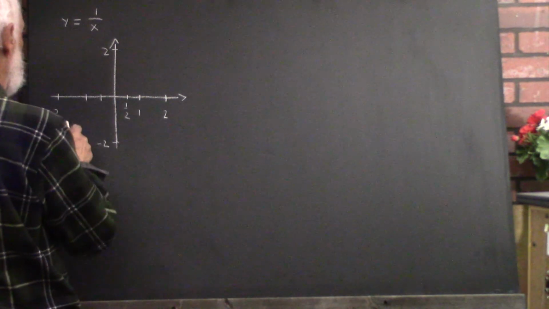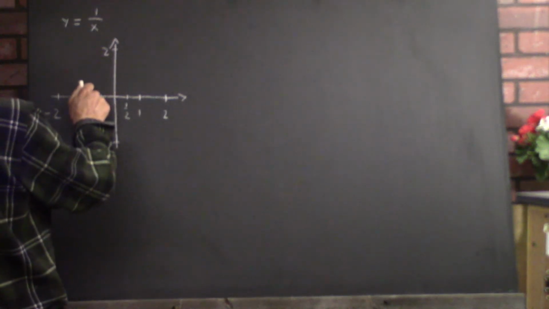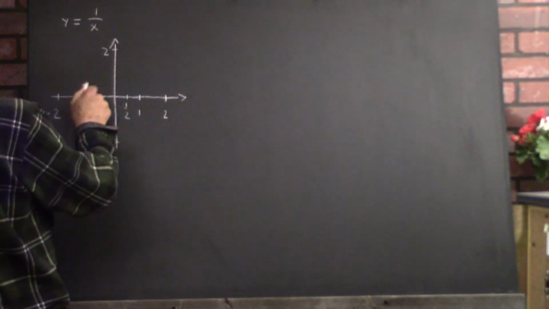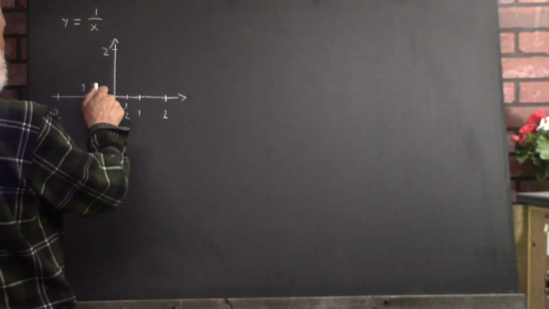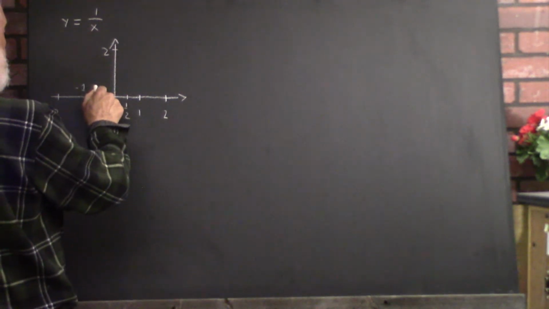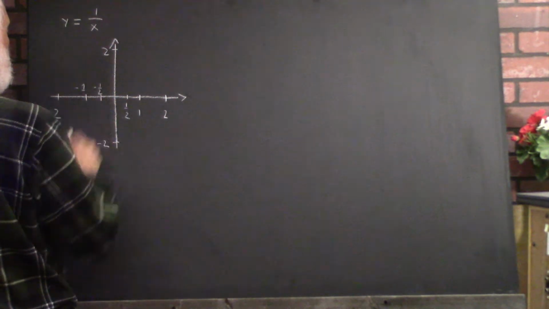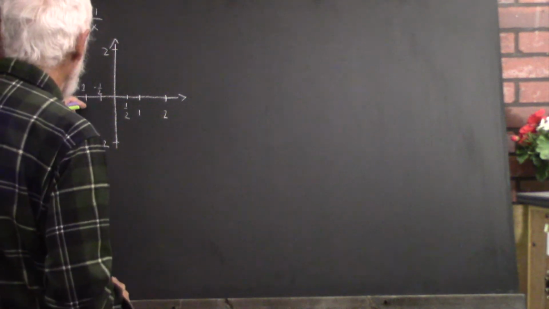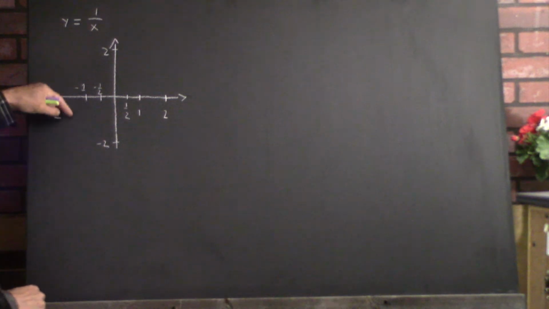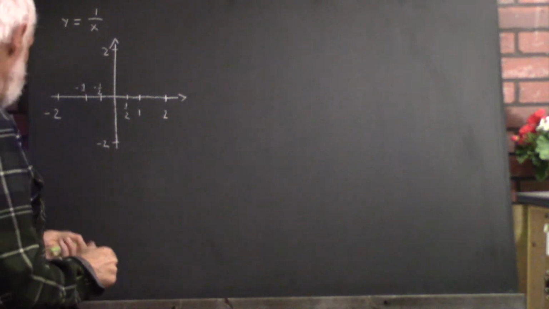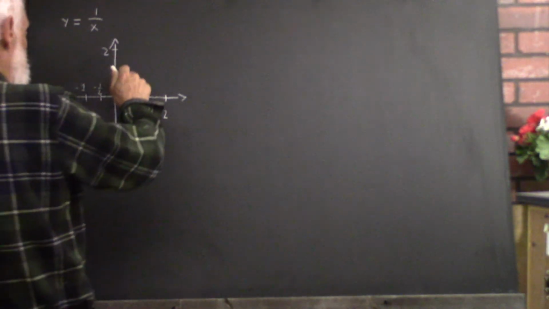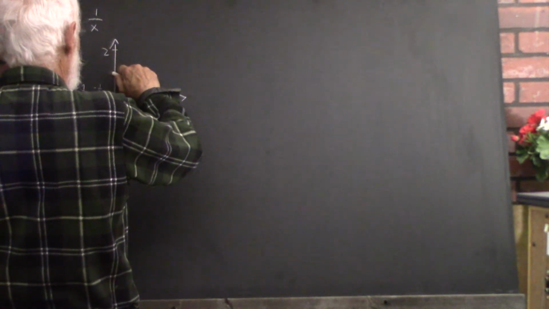Here. Now I'm going to actually label the 1 above the axis and the -1 and the -1/2 above the axis, because if I label them below the axis, they could interfere with the points I'm going to draw. Okay, so I subdivide here as well.